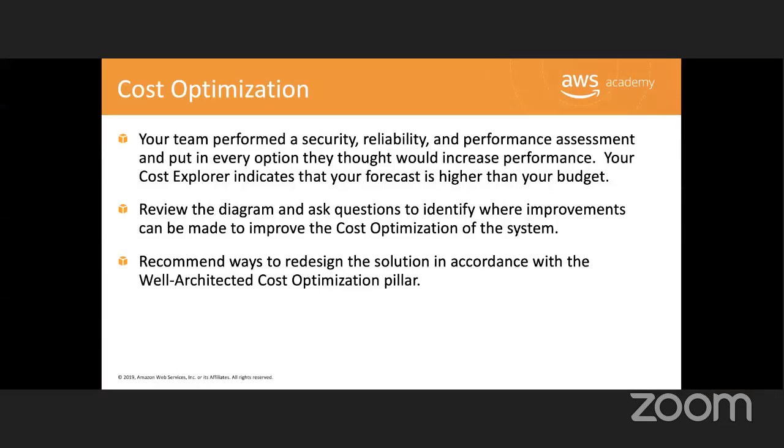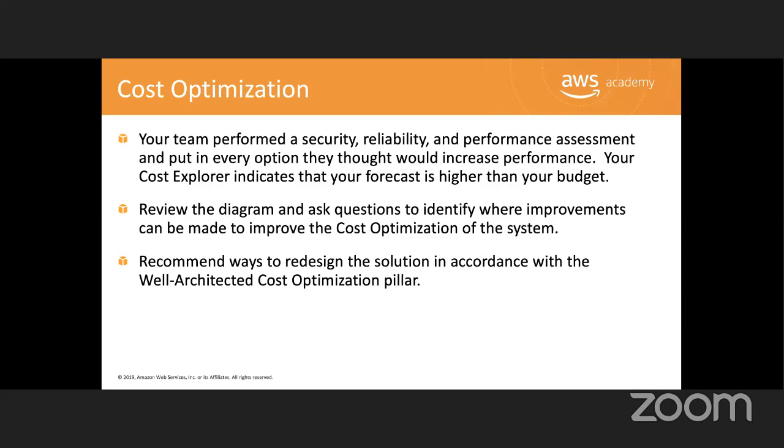All right. So improve your architecture. Your team performed a security, reliability, and performance assessment and put in every option they thought would increase performance. Your cost explorer indicates that your forecast is higher than your budget.